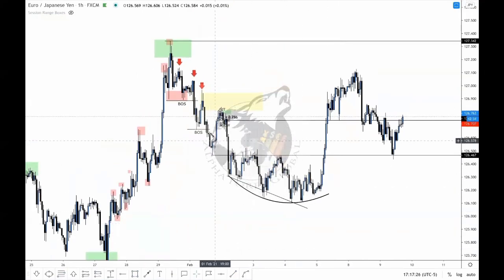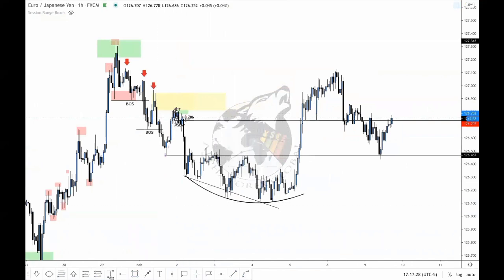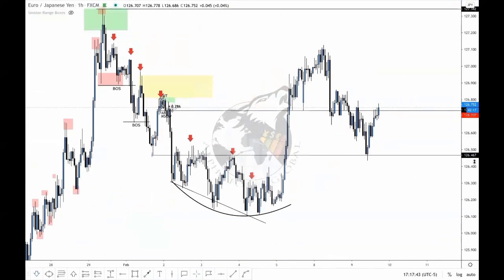So if we look at trend now, right, we're still trending down on the 1 hour time frame, right? So market is still creating these lower highs. So lower high, lower high, lower high, lower high, right?